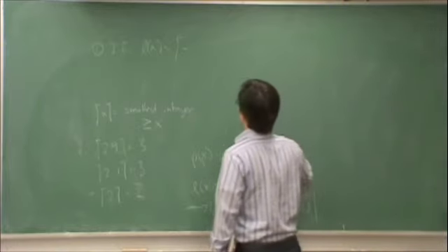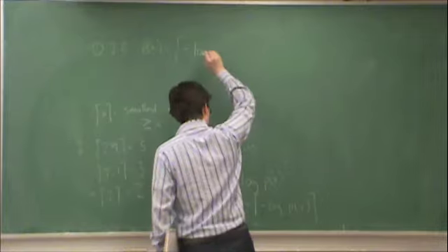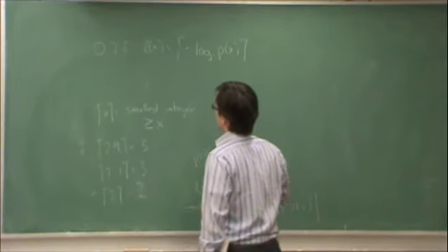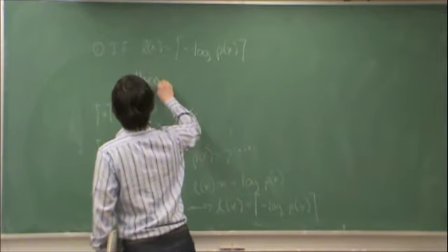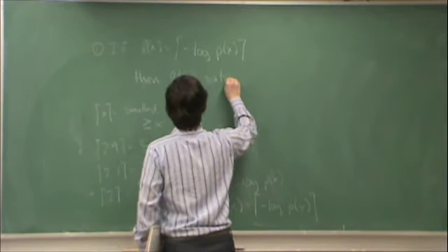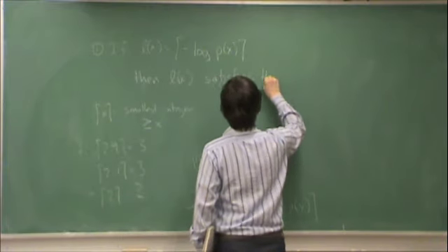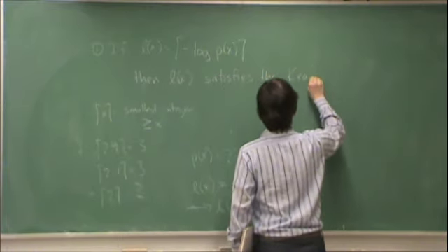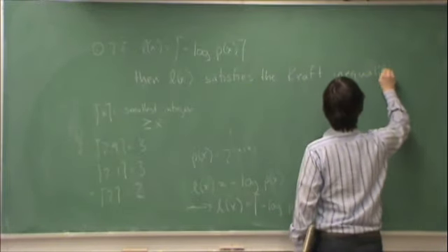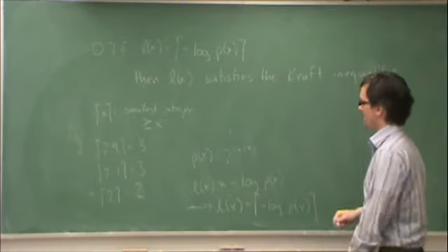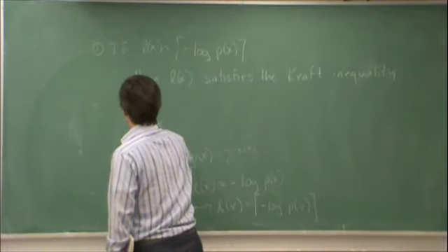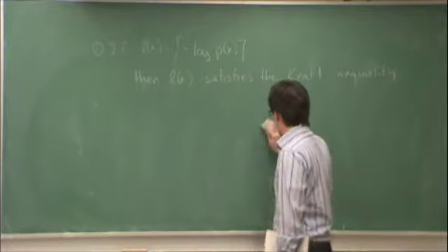If Lx equals ceiling of minus log of px, then L of x satisfies the Kraft inequality. How do we show that?